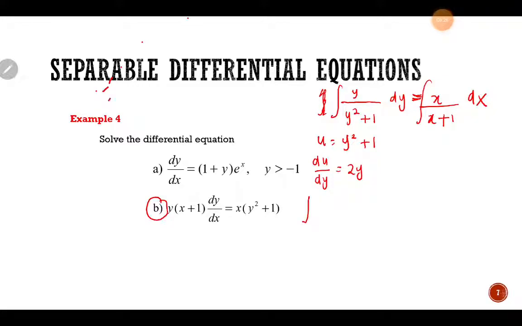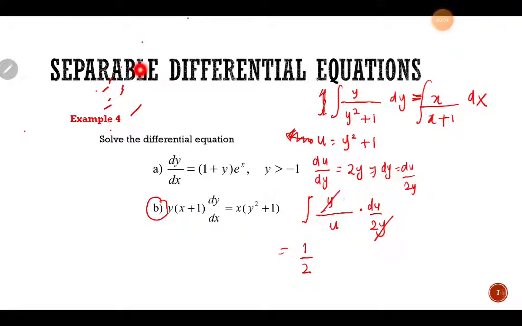So in here we're gonna have y over u. dy is equals to du over 2y. So you may cancel. So the final answer here is 1 over 2.